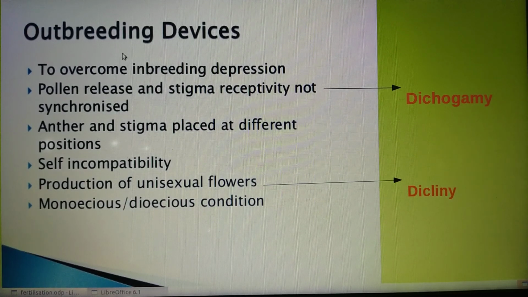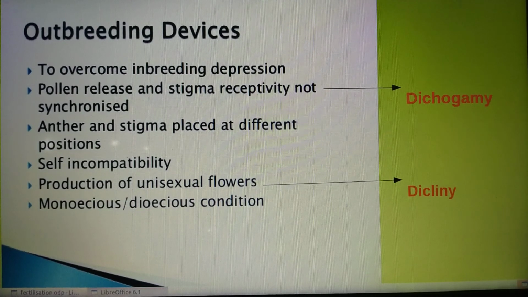Some plants have some devices to encourage cross pollination and discourage self pollination. These are adaptive features present in certain plants to help the process of cross pollination. Such devices we can collectively call the outbreeding devices. First one, the pollen release and stigma receptivity are not synchronized.